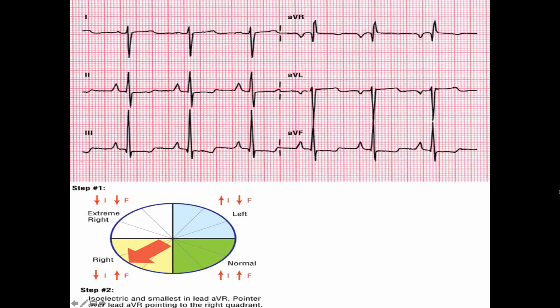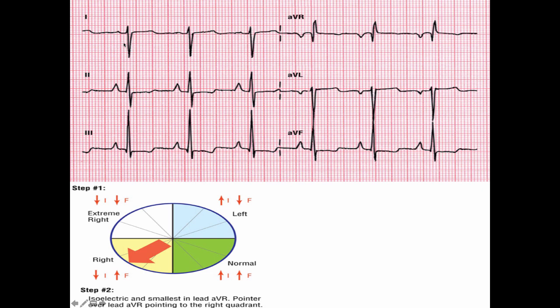We've got positive lead 1, positive AVF, so we are in the normal axis quadrant. Example number 2, again we're looking at lead 1 and AVF to determine just our broad quadrant. Lead 1, mostly negative. Again, there is some positivity to it. There's a very tiny R wave here, but we're mostly negative, so we're going to call it negative. We're just stamping this kind of binary tag onto it.